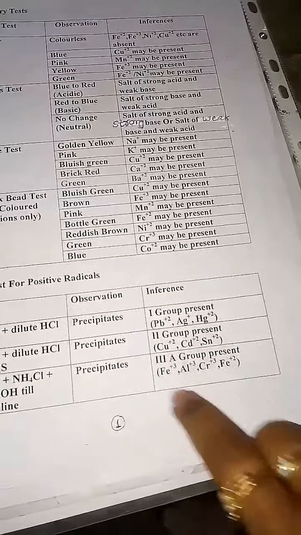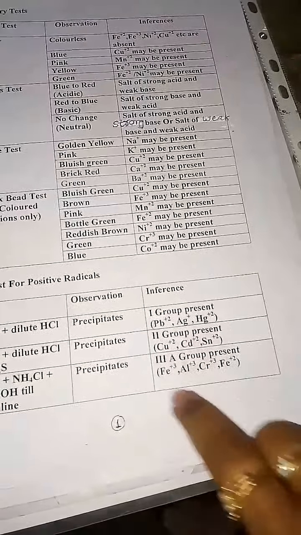So now we analyze group 3A. For that we have the test OS plus NaOH. After adding NaOH, if you get brown precipitates, then Fe+3 is present. If you get green precipitates, then Fe+2 or Cr+3 may be present.